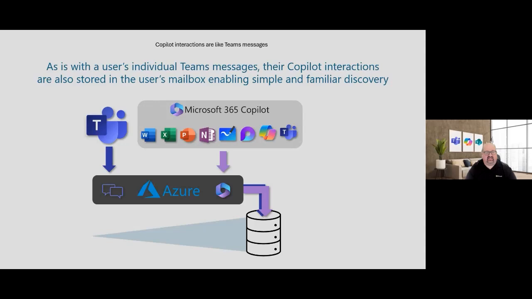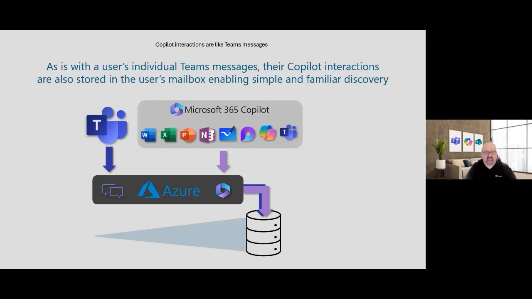That you could use something that a lot of our customers are already doing, their process around handling Teams conversations, to handle these Copilot interactions. So the good news is, if you have a process in place today to handle your Teams conversations and chats, you can use that to handle Copilot interactions.